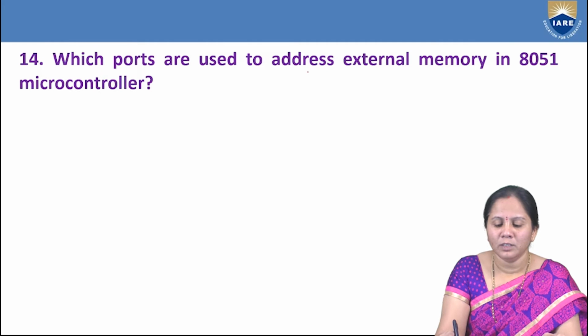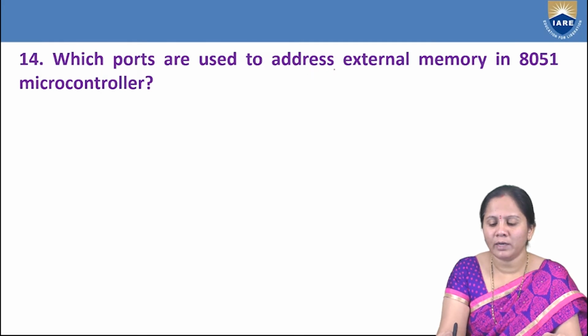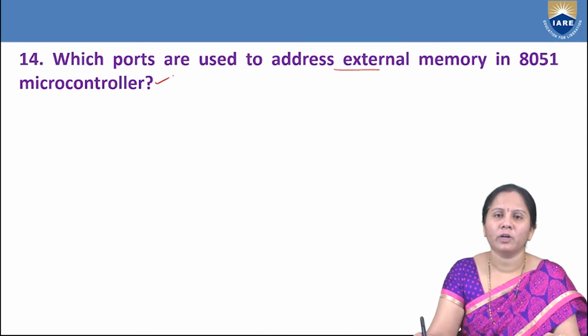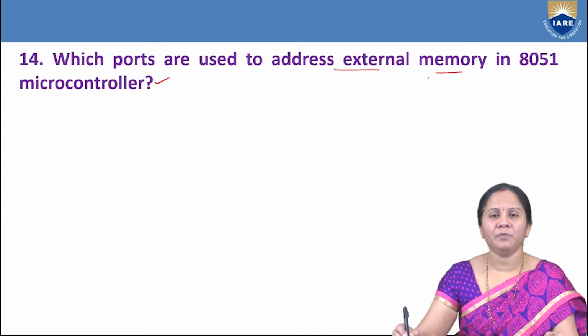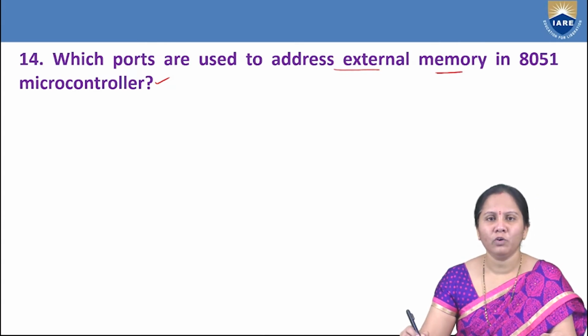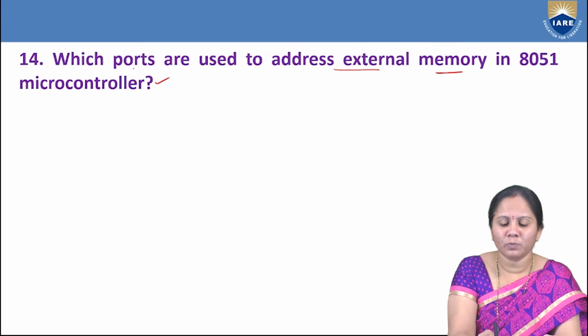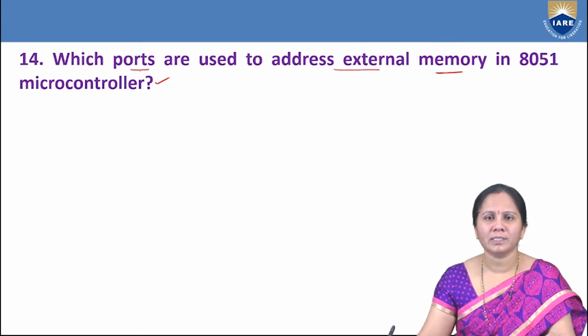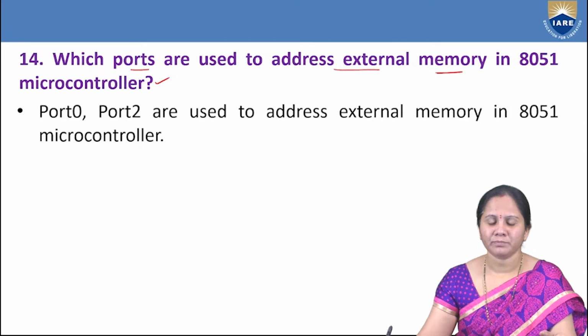Now, which ports are used to address external memory in 8051 microcontroller? So in order to access the external memory, this 8051 microcontroller has 4 ports. Which port should be used to address external memory?